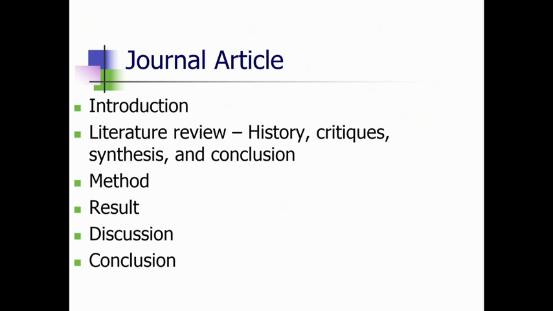A journal, by definition, is a diary, but in this context it is a collection of the research that has been carried out in various places and in various ways, and studies of the same type are put in one journal.